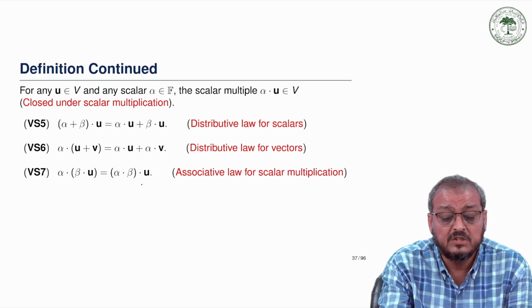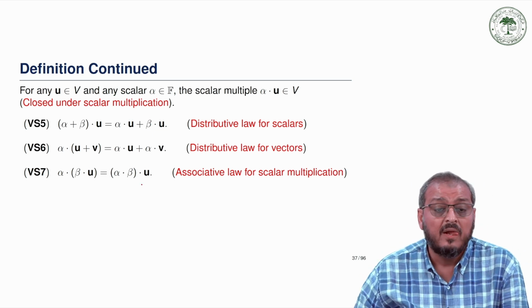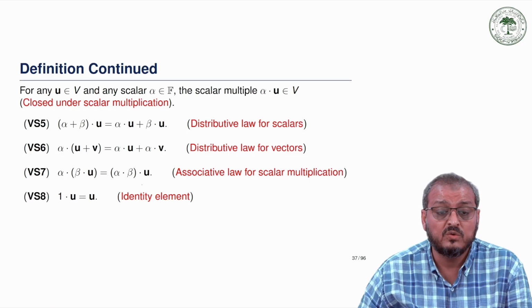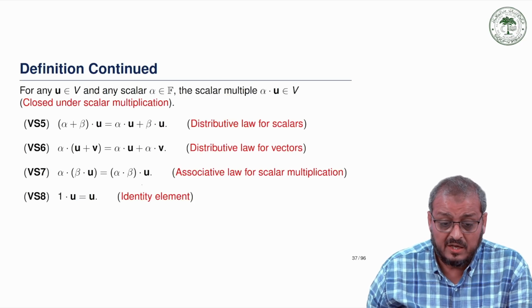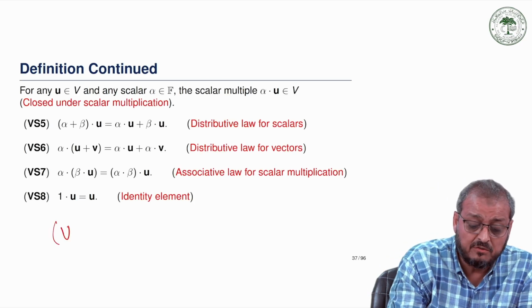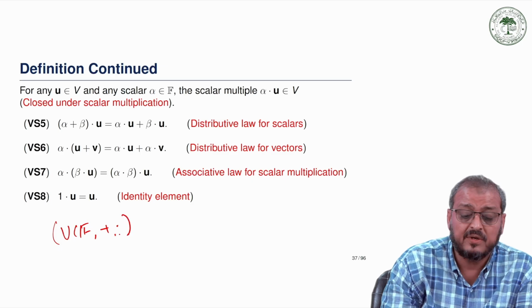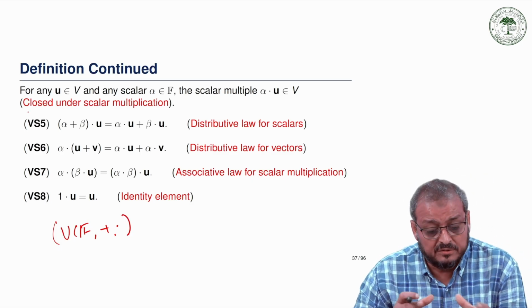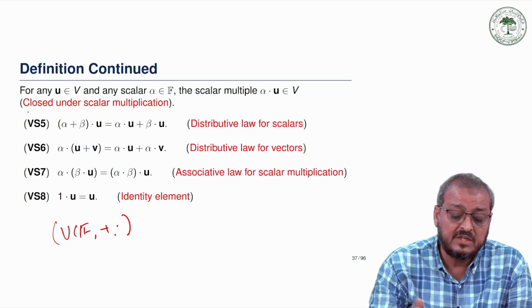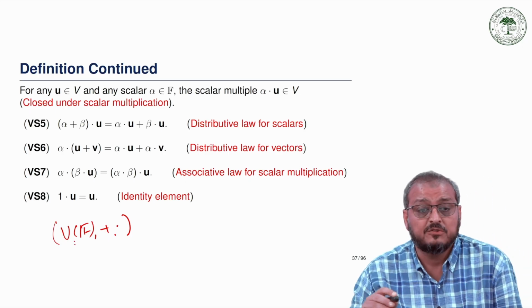And the last one, 1 times u is equal to u. So if this vector space V over a field F under addition and scalar multiplication satisfies all these axioms, then this set V is called a vector space.